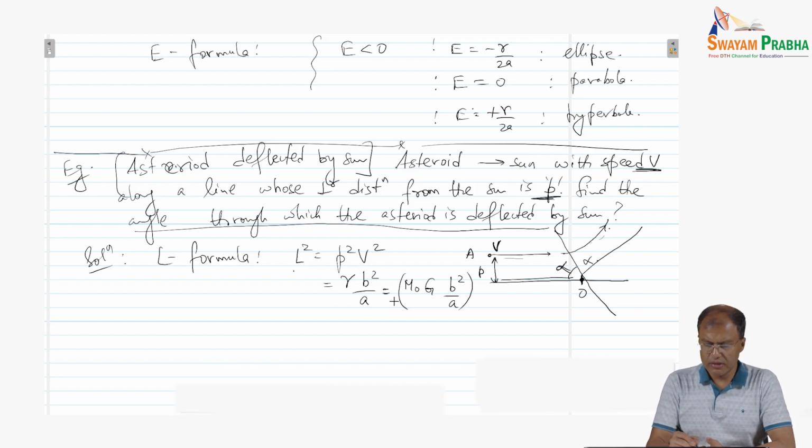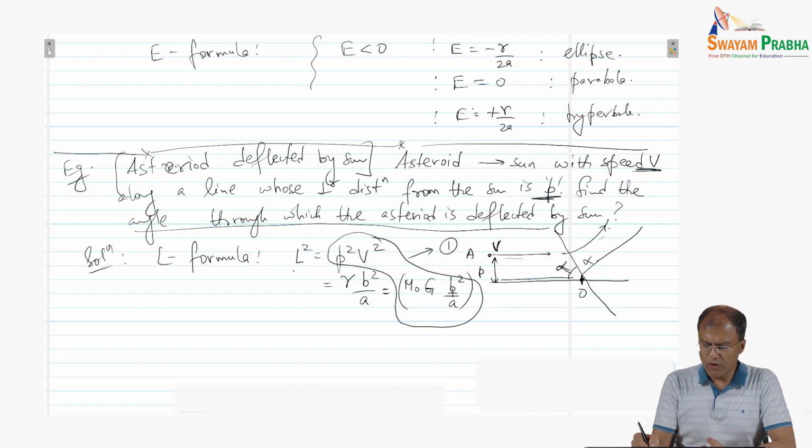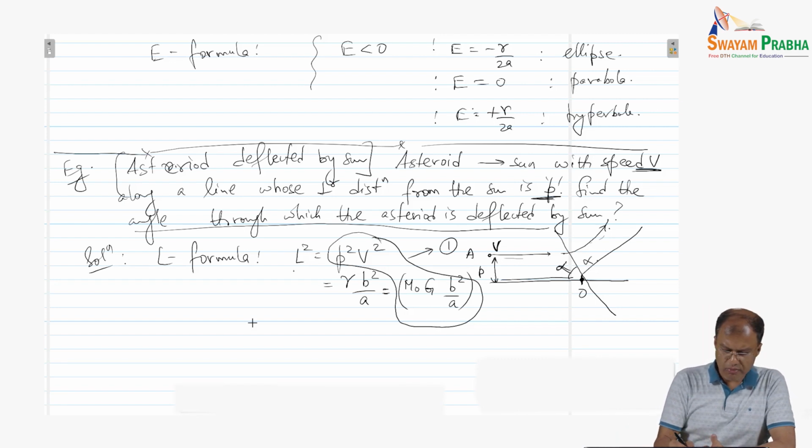So gamma is M naught G, and so I can use this expression here, and let us keep this expression and call this 1, right? So I'm going to find the unknowns a and b, because my eventual angle alpha depends on a and b, right? So this is my L formula.